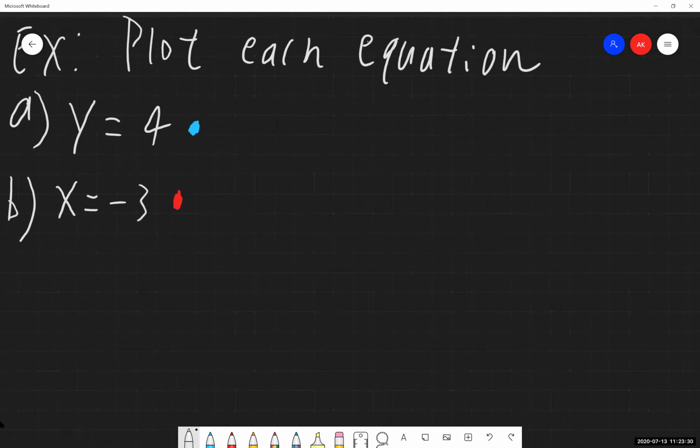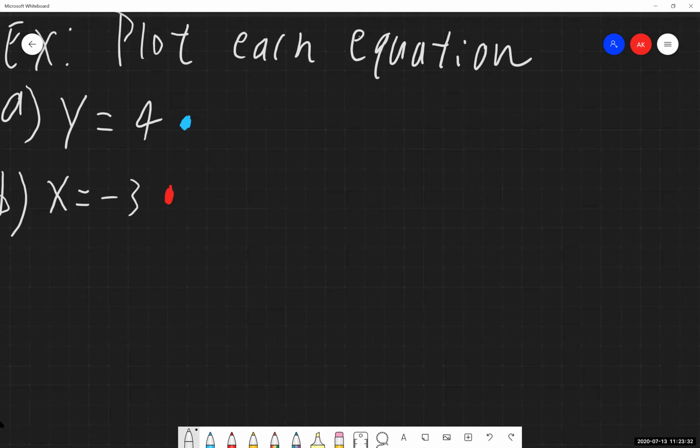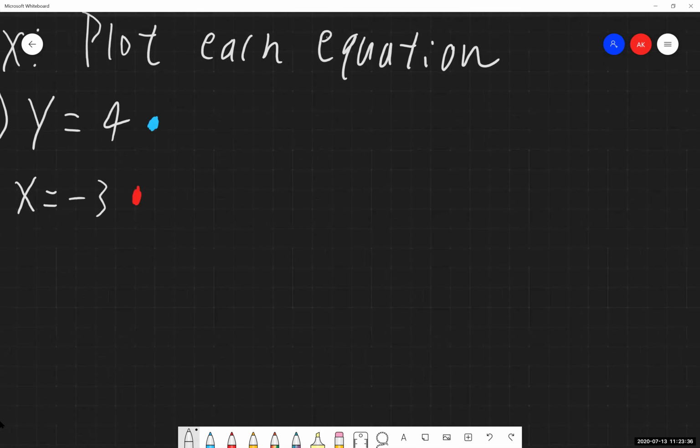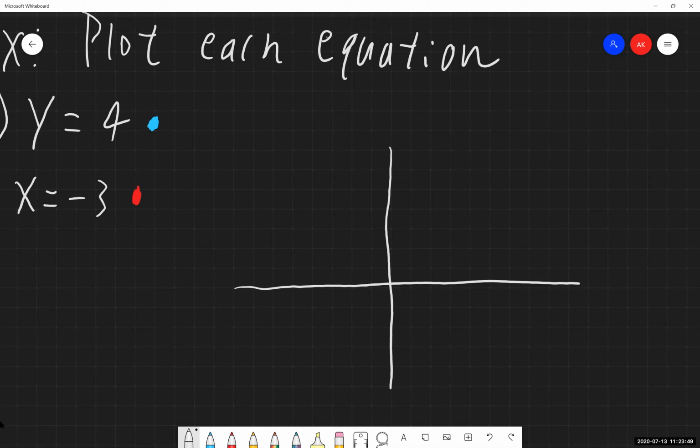So again, to plot these things, I need to set up my set of axes. You need to follow these requirements every single time. I'm trying to hit this home as best I can. I know it's annoying that I'm saying it all, but I don't want you guys losing points. And I will absolutely take them off if you aren't following these requirements. So we have our axes set up like this.